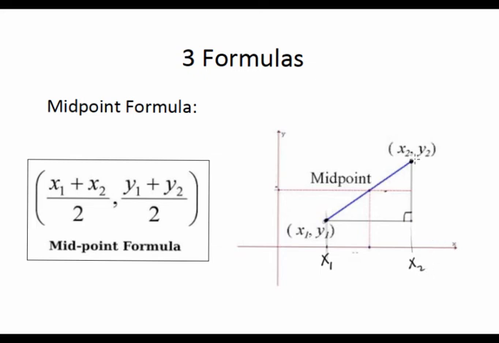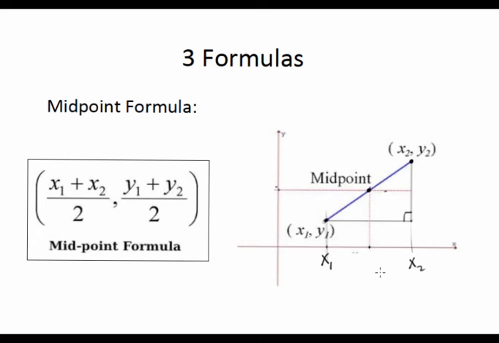Well, if you take a look at this midpoint, which is right here, that point is not only in the middle of this segment, if you drop this down, it's right in the middle of the two x coordinates. Similarly, we're going to do the same thing over here. But if you look at that point, it's right in the middle.